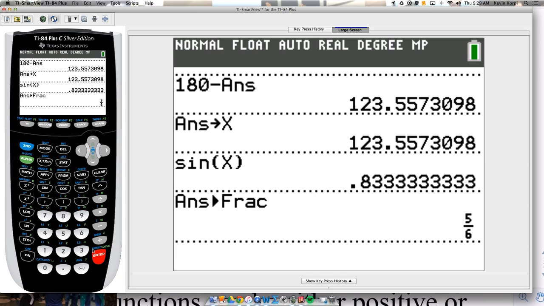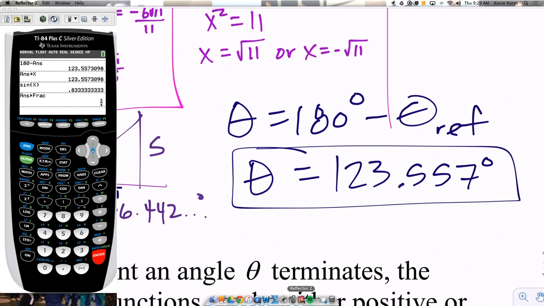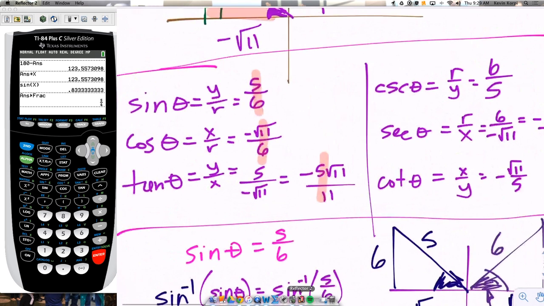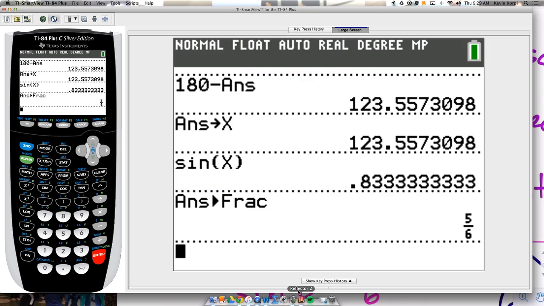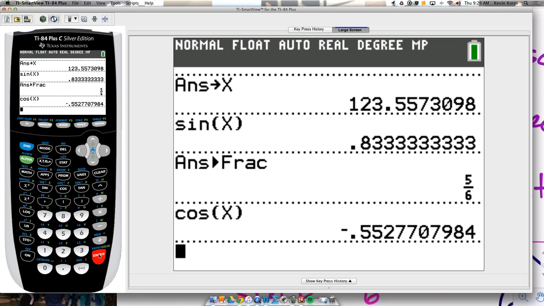Now, let's do something else here. Let's check another one. Now that I have my angle, we found the cosine to be negative square root of 11 over 6. Let's see if the calculator knows that. Let's take the cosine of our angle in its full decimal glory, and we get negative 0.552.